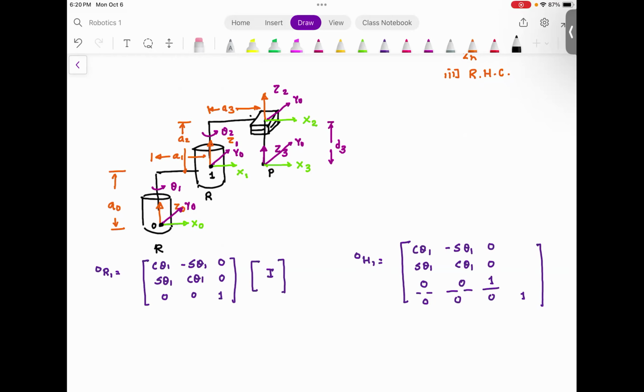So I need to go A0 up in the z-axis, and you need to have the valid x and y for all theta 1s, and by now you should know this would be A1 cosine theta 1, A1 sine theta 1. Any questions here?